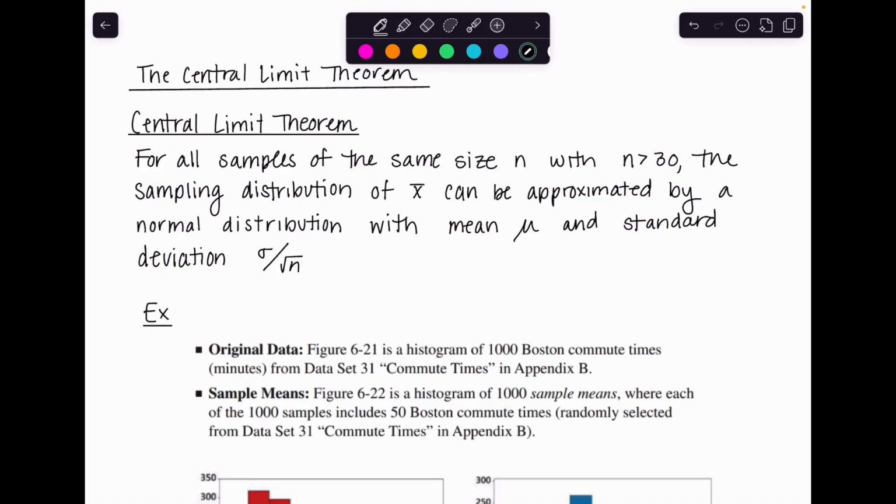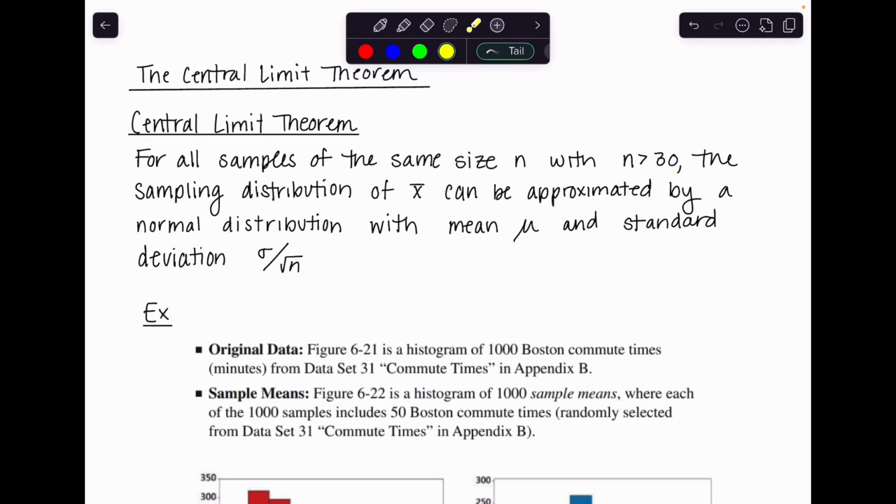So for all samples of the same size n, where your value of n is greater than 30, the sampling distribution of x-bar can be approximated by a normal distribution. That means when you create this sample, it's got to be a lot of data, because you need your samples to be at least size 30.